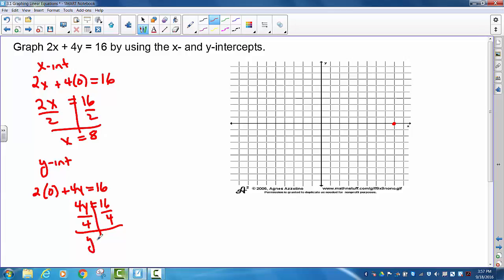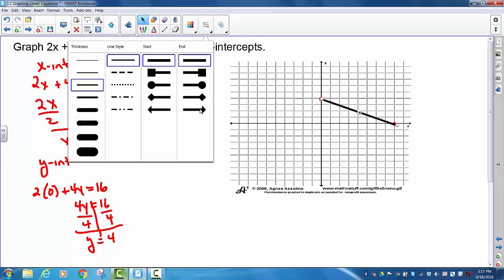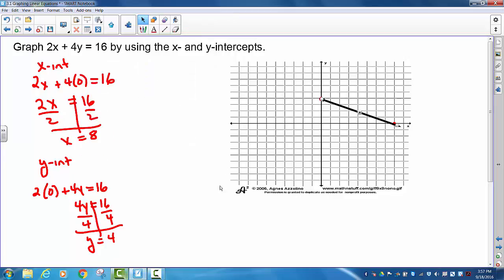That gives us y equals 4. So we come over here on the y-axis. 1, 2, 3, 4. Now we've got 2 points, and because we've got those 2 points, we can draw a line between the 2 points. And when you're drawing lines, by the way, you want to put arrows on the ends of the lines because that means that they continue on in both directions infinitely.